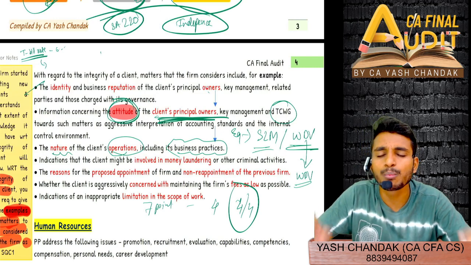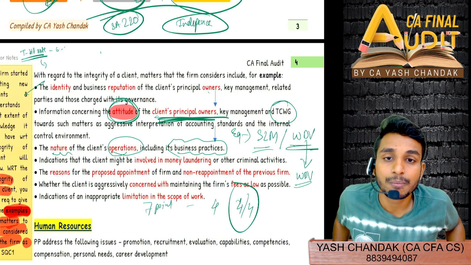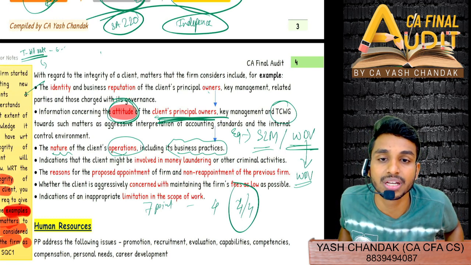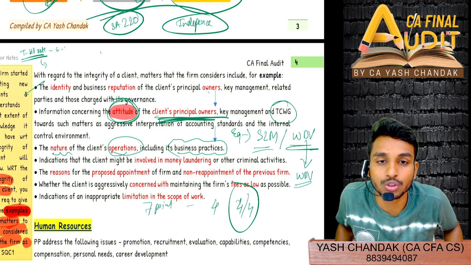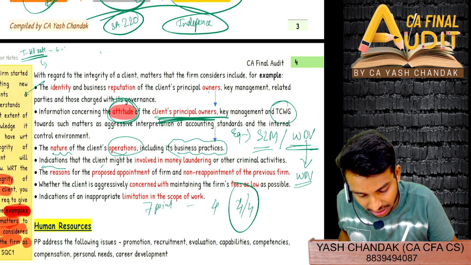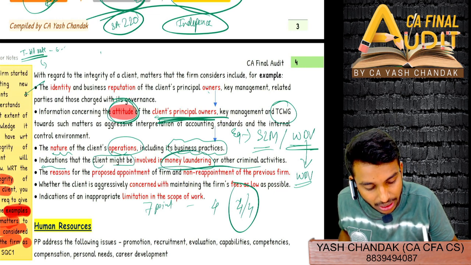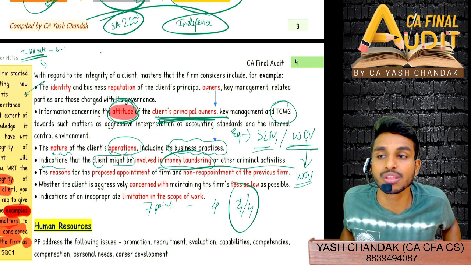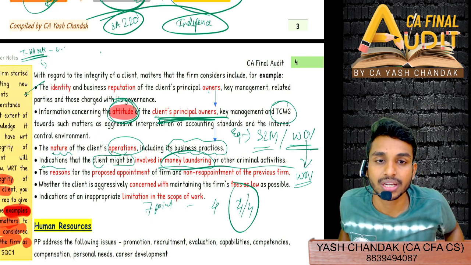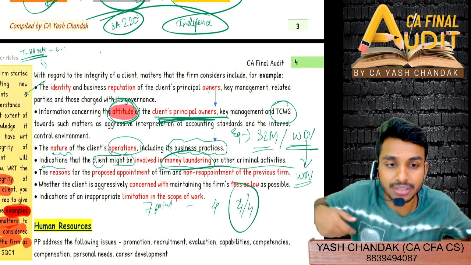That means they are more or less 100% into non-cash business only. That means 100% of the business will be done through banking channels, because stock market transactions have to be done through banks, right? Similarly, then we have indications that the client might be involved in money laundering or other sort of criminal activity. So that I related with cash business, right?